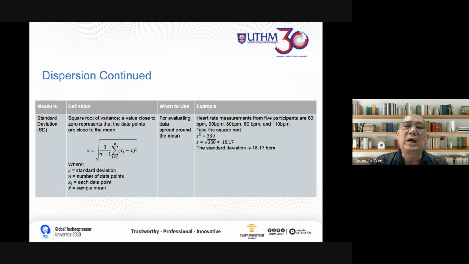A value close to zero represents that the data points are close to the mean. So the smaller the standard deviation, the better the mean represents the data, for evaluating data spread around the mean.